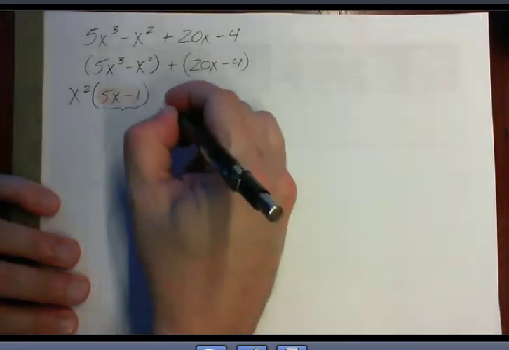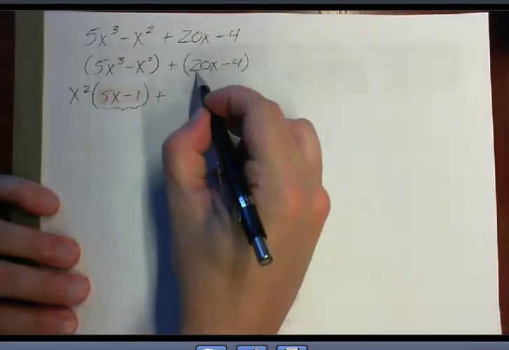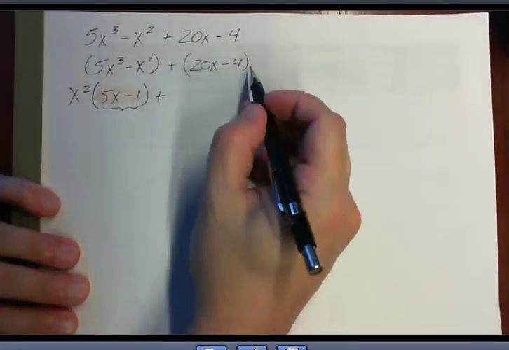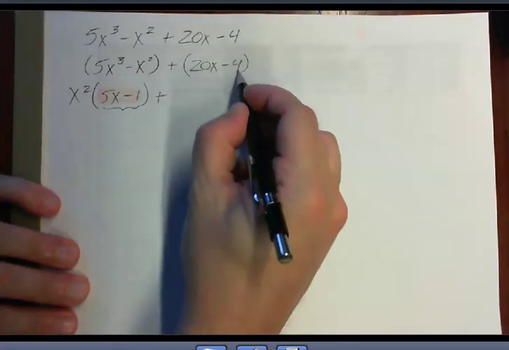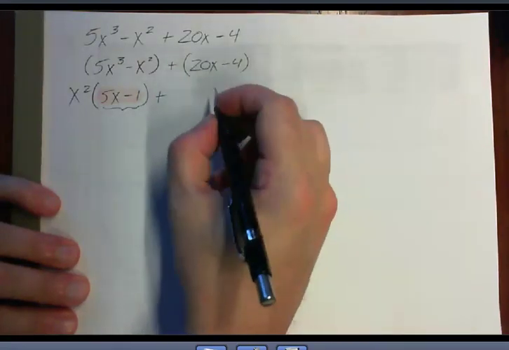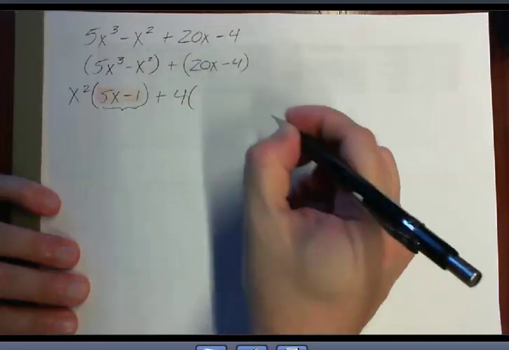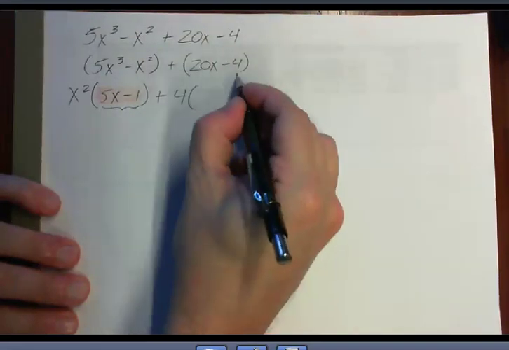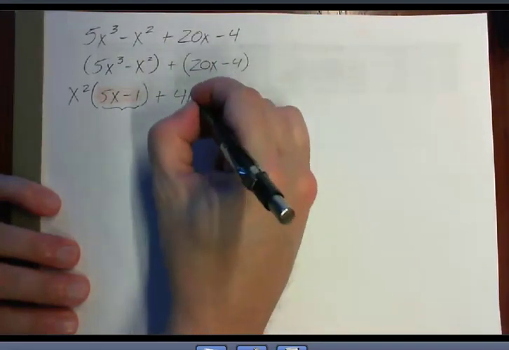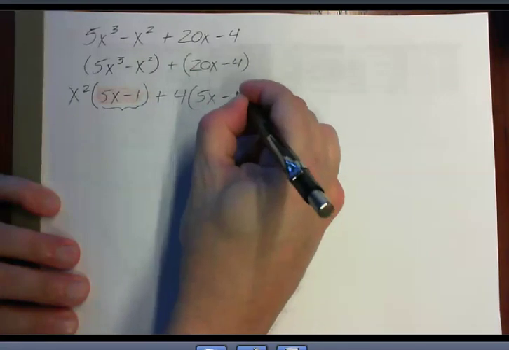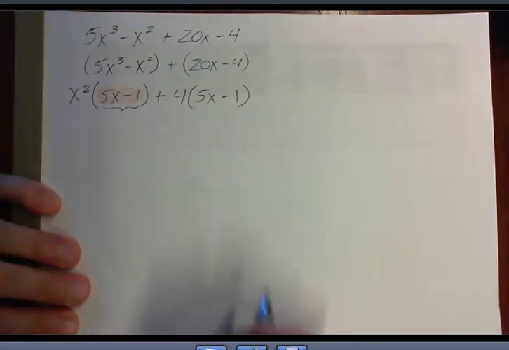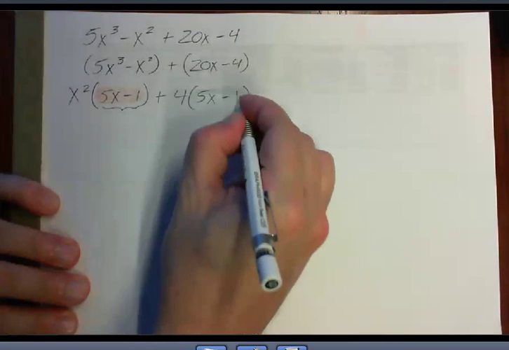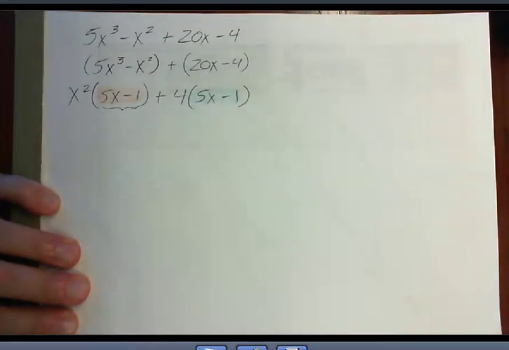So this is important. If we don't come up with the same value, we're not going to be able to factor it by grouping. So the GCF over here is 4, because 20 is just 4 times 5, and 4 is just 4 times 1. So they have a 4 in common, so I'll pull out a 4. Factor the 4 out of the binomial here will leave you with 5x minus 1. As I said, you'll notice that we did end up, fortunately, with the same value here.